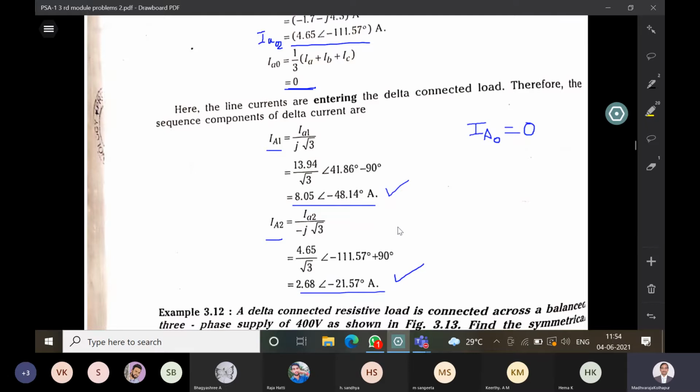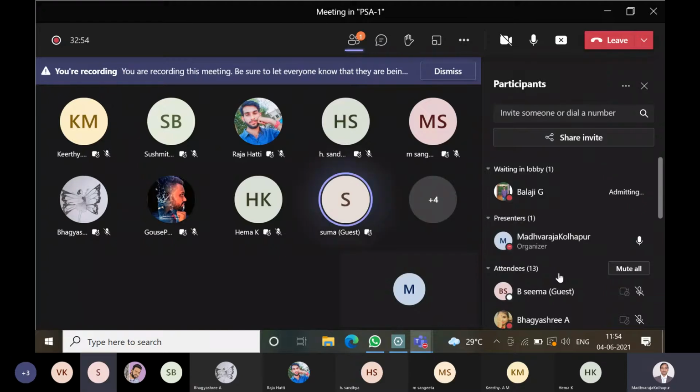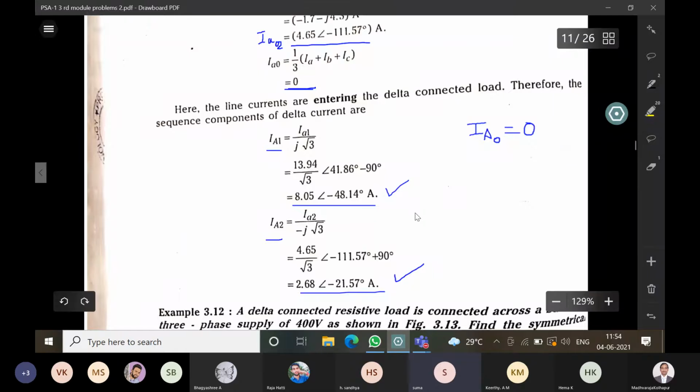Got the answer? Sushmita? Sir, 8.05 at an angle minus 41.6. 48.131, sir.